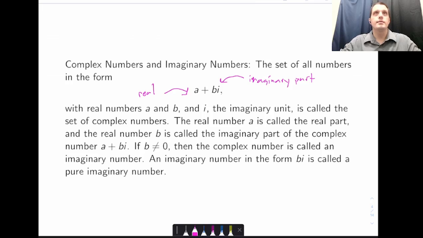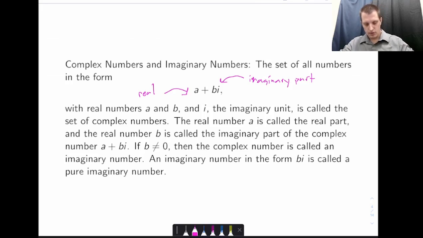All right, and then for the complex number a plus bi, if b is not equal to 0, then the complex number is called an imaginary number. An imaginary number in the form bi is called a purely imaginary number.